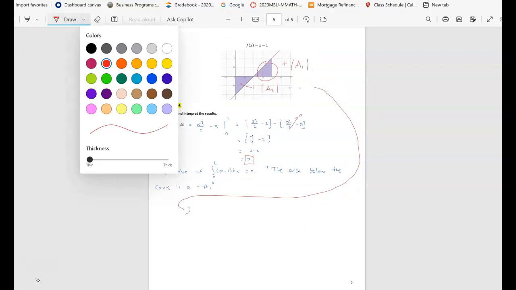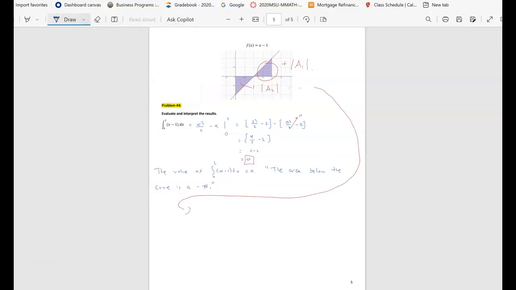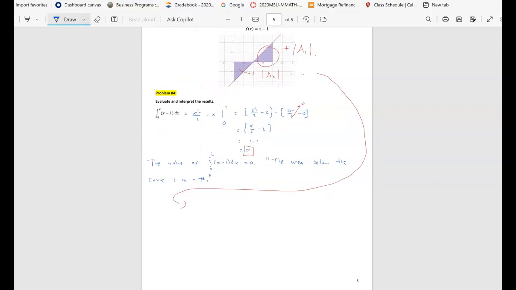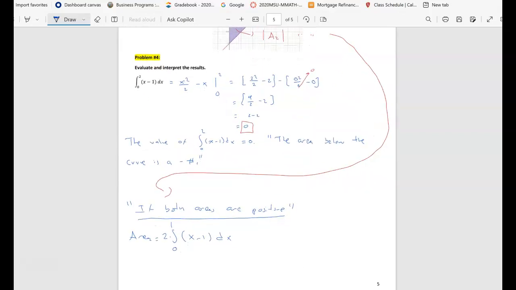In this case, if both areas are positive, then we would actually be evaluating, so total area would be the integral from 0 to 1 of x minus 1 dx, and technically 2 times that, which will give us a positive value.